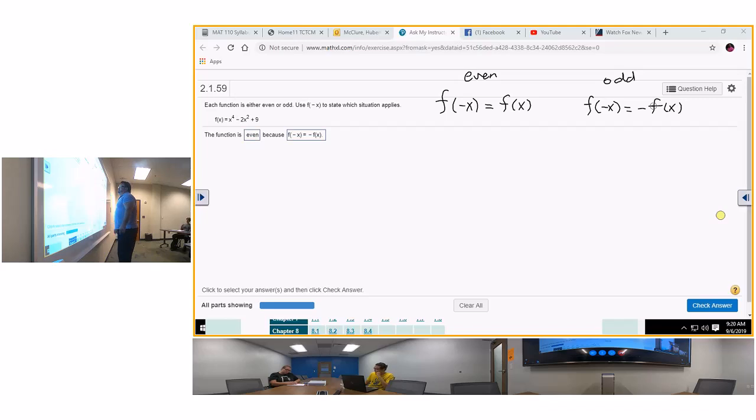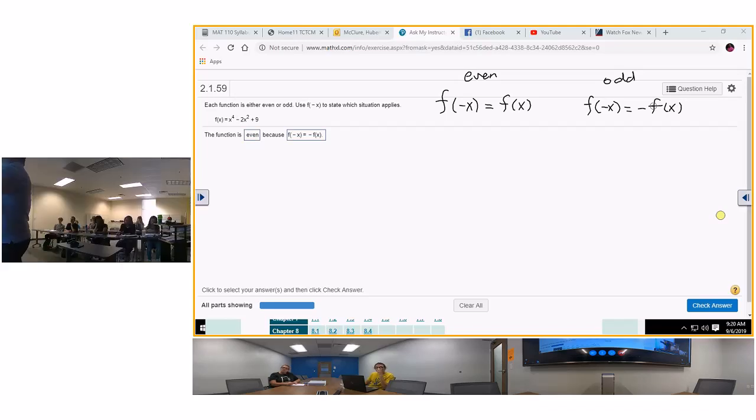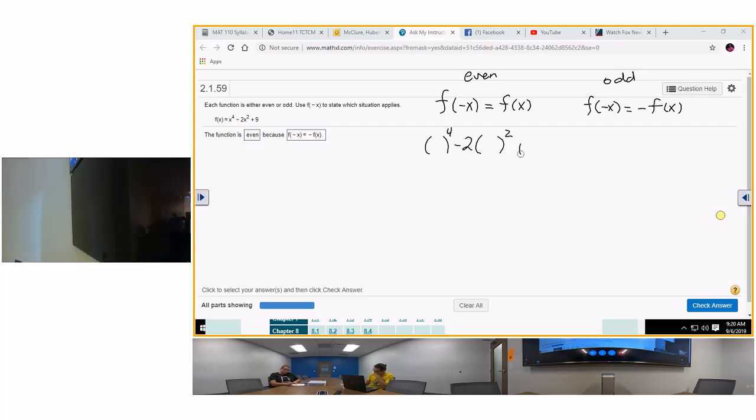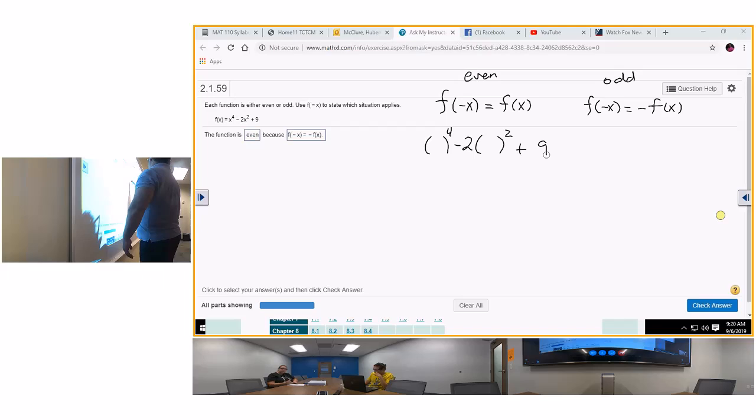Make sure I got that written down right. So here I'm going to plug in, I got x to the 4th minus 2x squared plus 9. And that's f of x. So, I'm going to plug in a negative x. Well, what's negative x to the 4th? That's going to be x to the what? 4th.